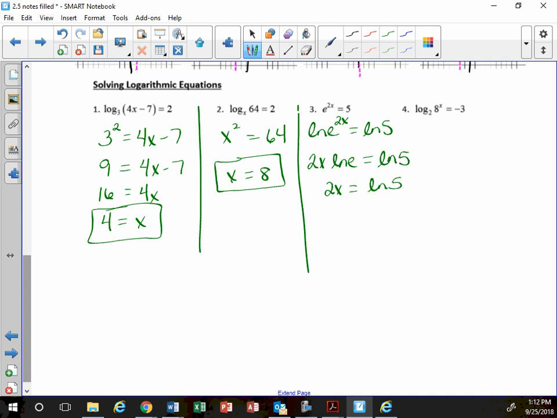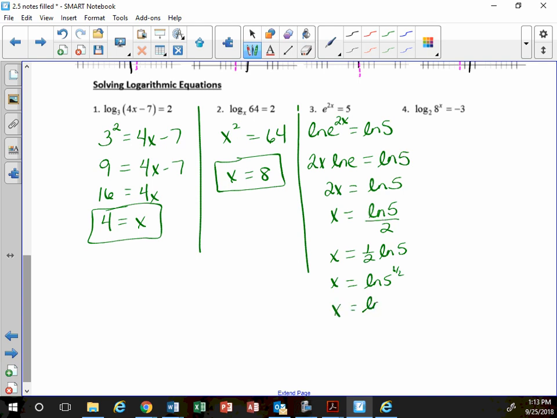There are a lot of different ways you can write your final answer. We could say x equals natural log of 5 all over 2. You could say x equals 1/2 natural log of 5. You could say x equals natural log of 5 to the 1/2.